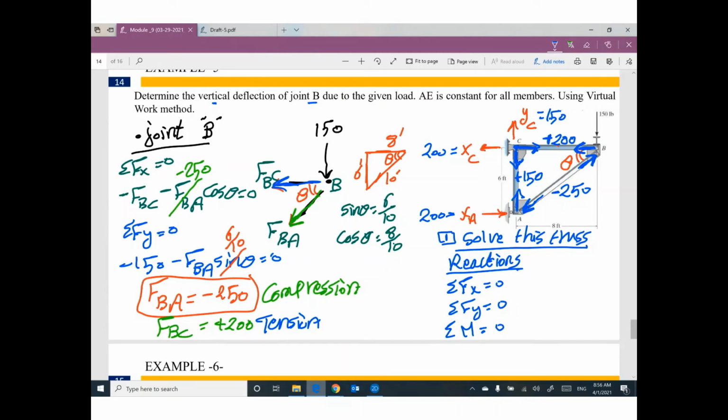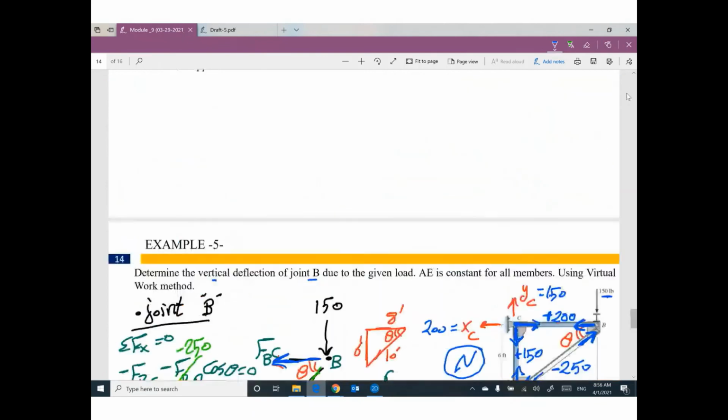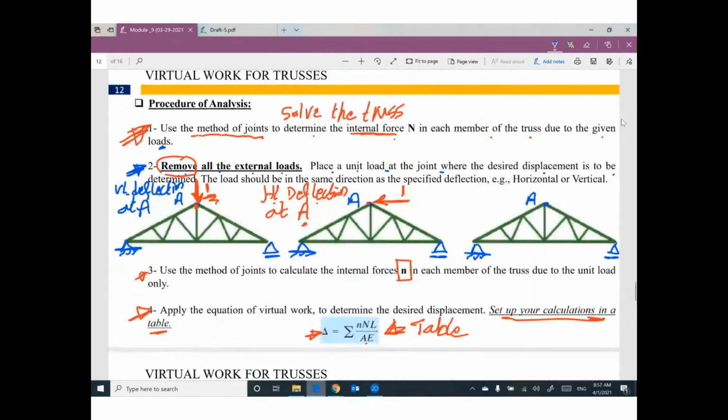So the first step, I solved the truss due to the given load. These forces can be called capital N. So guys, the first step in your calculations, we need to solve the truss.